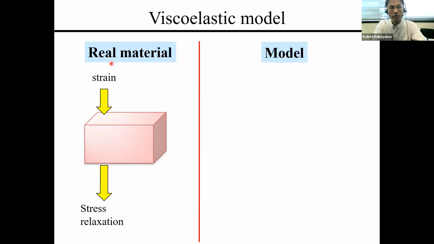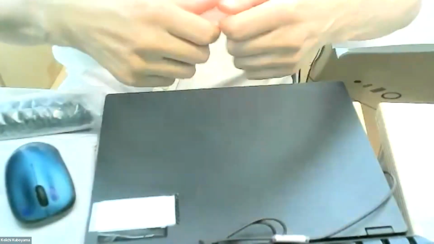So now, when you apply a constant strain, the relaxation process can be observed. If this were a face-to-face lecture, I would give you laboratory materials and you could test this phenomenon by yourself. But this is online, so I can show you only on my camera. For example, let's think about chewing gum.